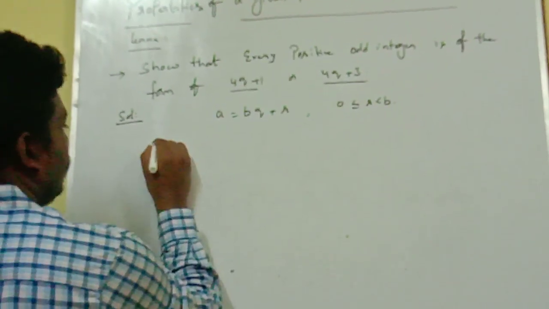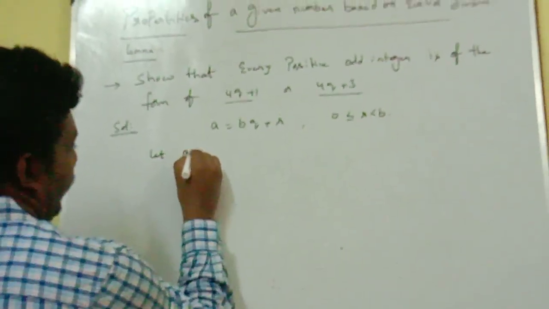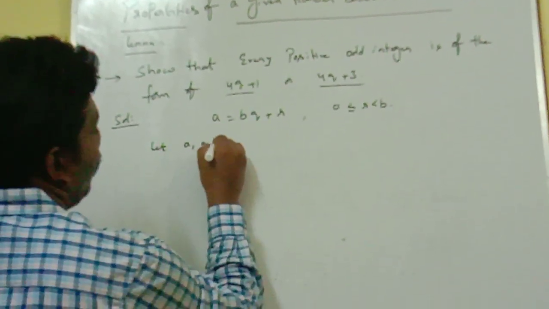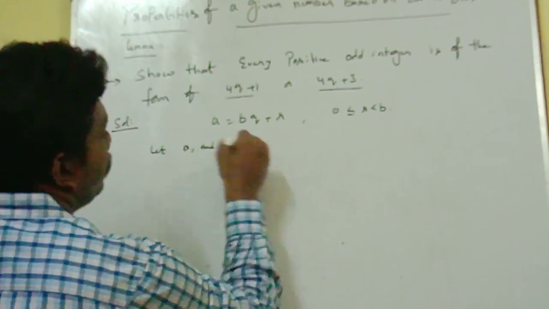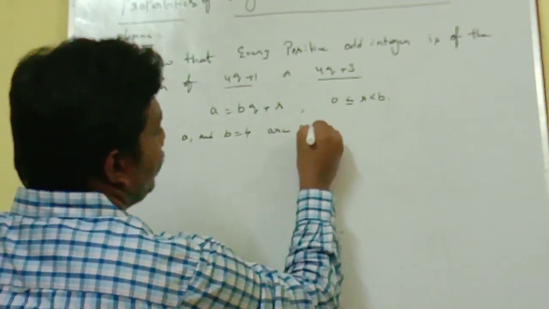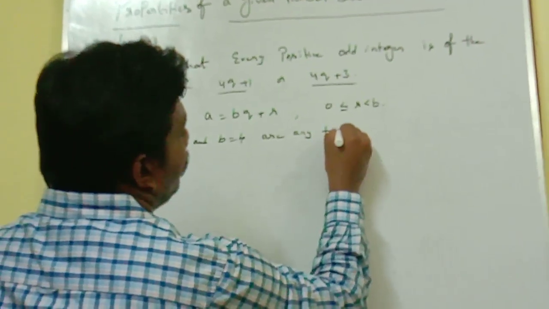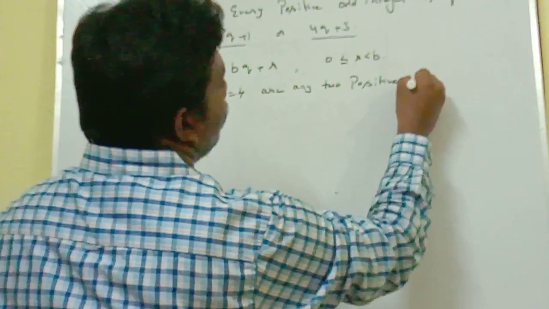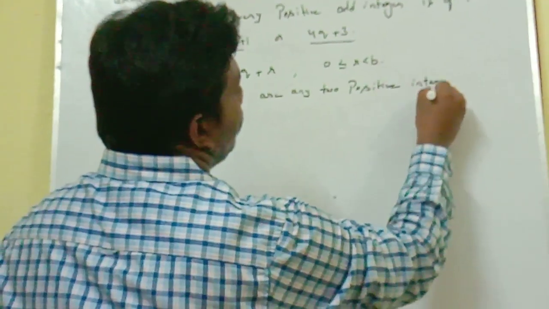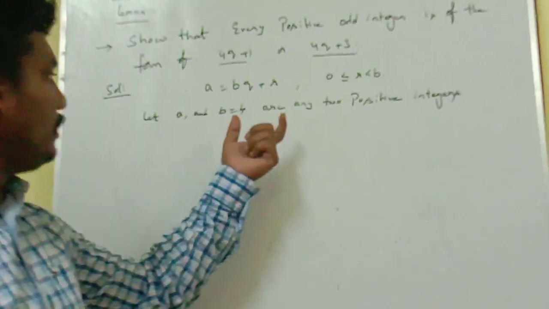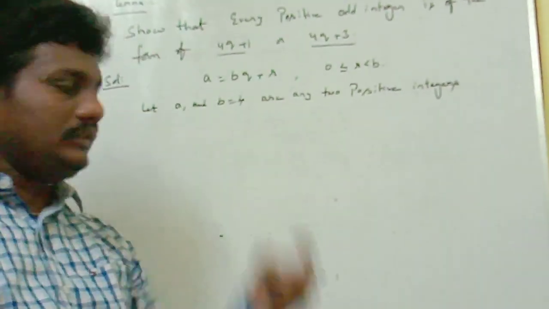So let a and b be two positive integers, where b equals 4.